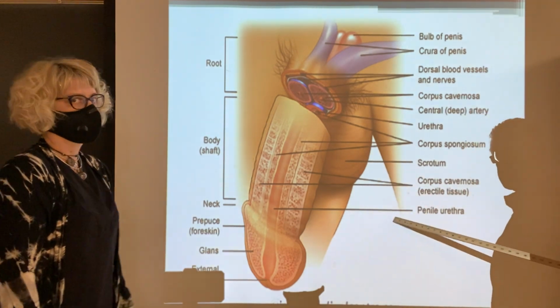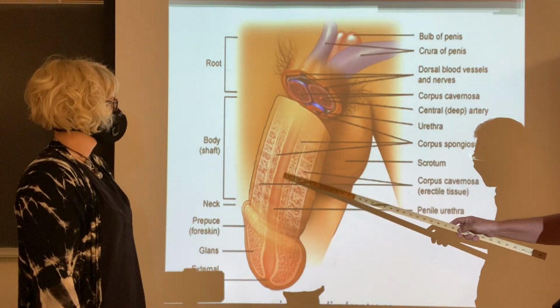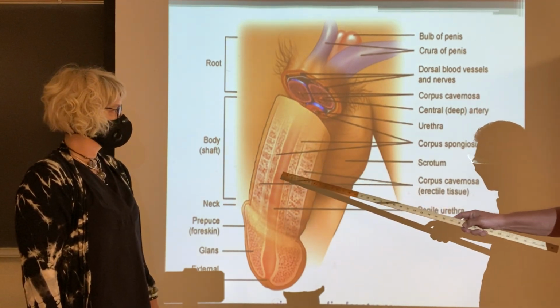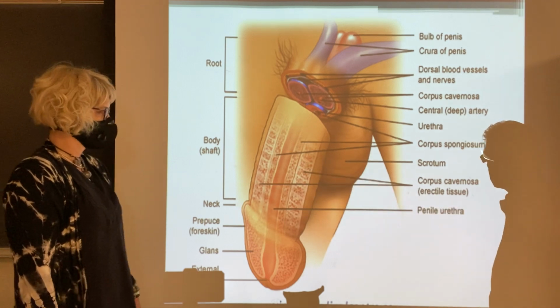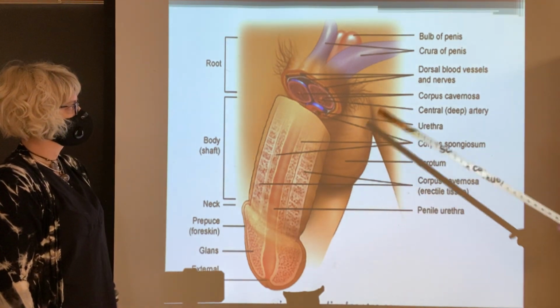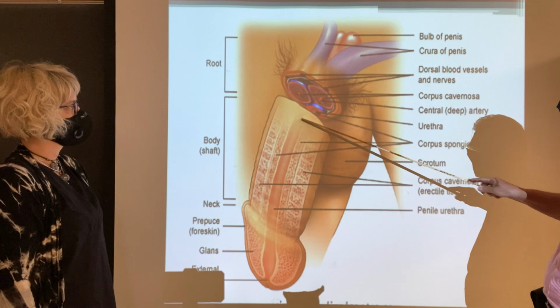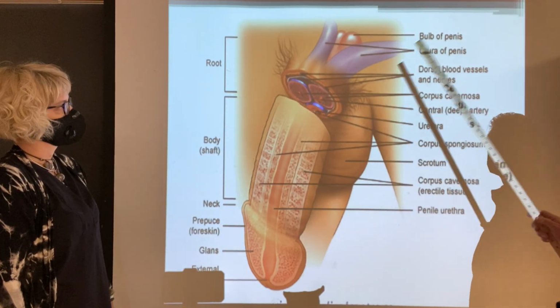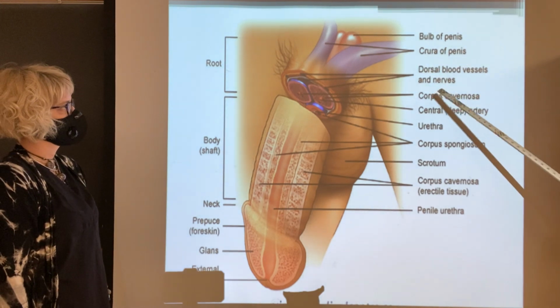Again, penile or spongy urethra over here, and the membranous urethra at the urogenital diaphragm, and then of course the prostatic urethra. Kruger, we don't need to get into.